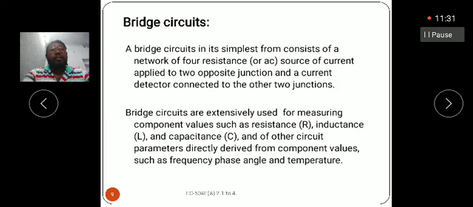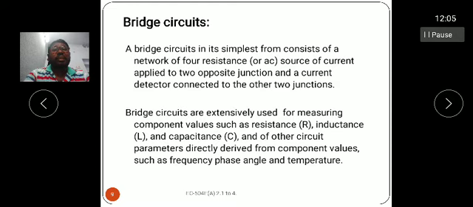In bridge circuits, a bridge circuit in its simplest form consists of a network of four resistors. AC or DC, the source of current is applied to two opposite junctions and the current detector is connected to the other two junctions. Already in the previous figure, we know the two terminals A and D are connected to the supply, and opposite B and D are connected to the detector circuit.